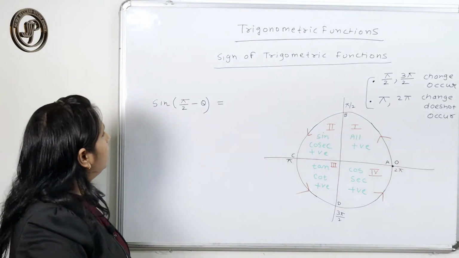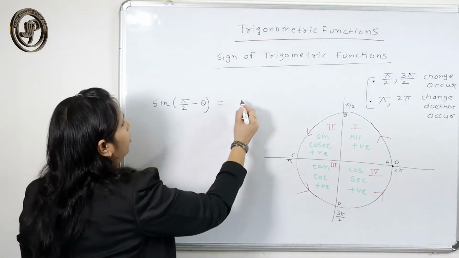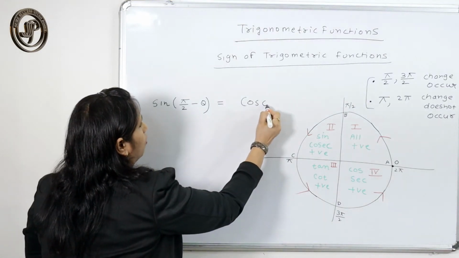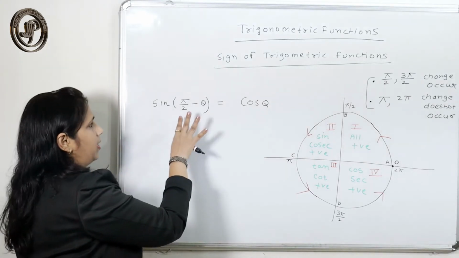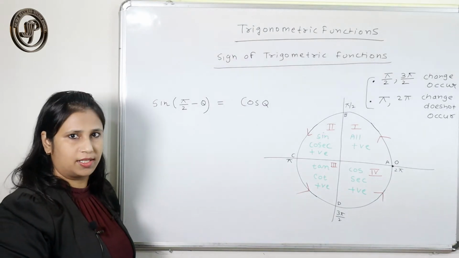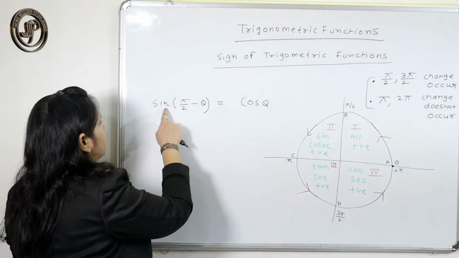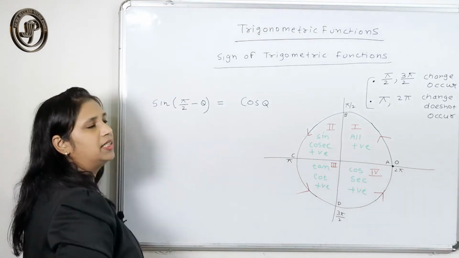What do you write here? Here you write cos theta. That sine 90 minus theta is cos theta is what you did in class 10.